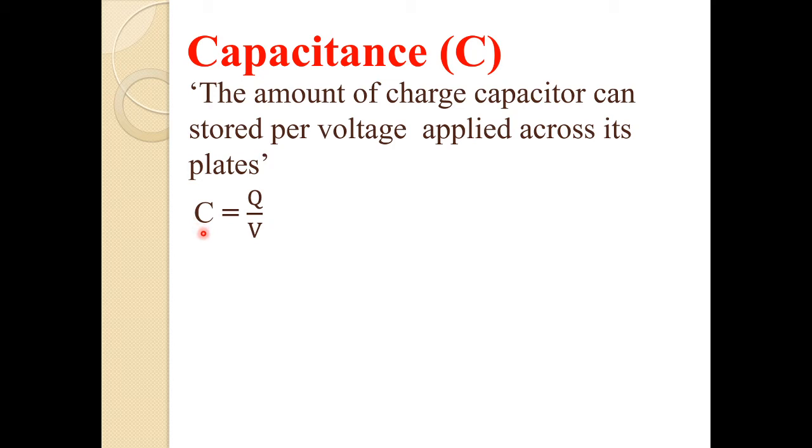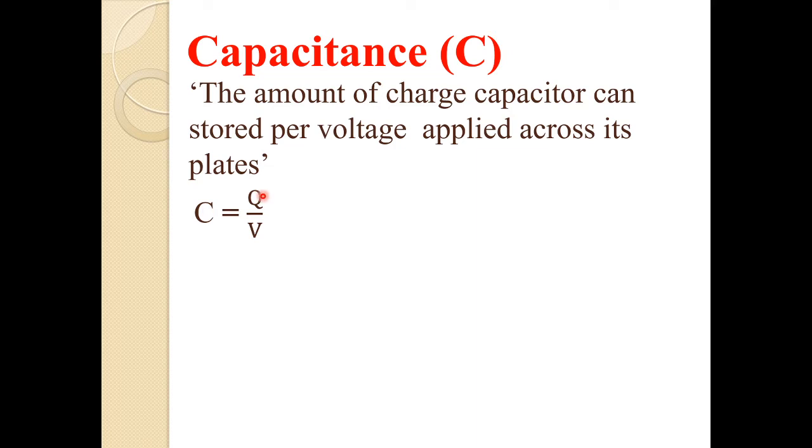A very important thing to remember: charge has the symbol capital Q and the unit coulomb, symbol capital C, but here the capital C is used for capacitance. So when you are using this relationship, keep that in mind, so as not to mix up quantities and units.